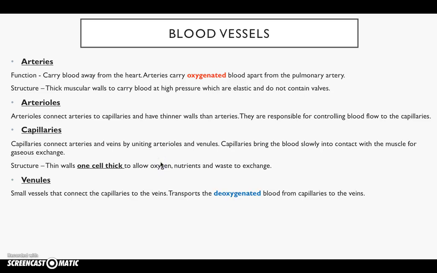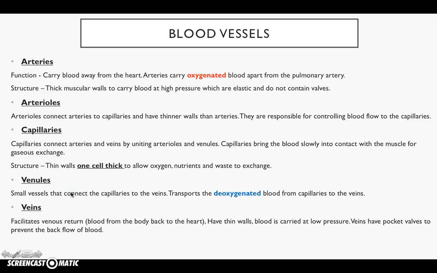Venules, similar to arterioles, are small vessels that connect the capillaries to the veins. Because gaseous exchange has taken place at the capillaries, oxygen has gone into the muscles, and deoxygenated blood, or waste product carbon dioxide, has transferred over from the muscle to the bloodstream. Now the blood is deoxygenated, and it goes from the capillaries to the venules, from the venules to the veins, and veins facilitate venous return.